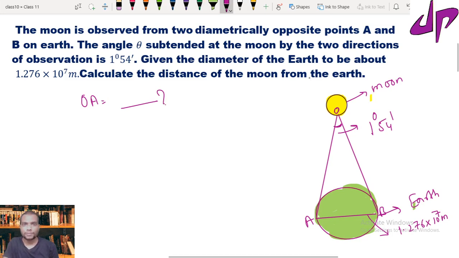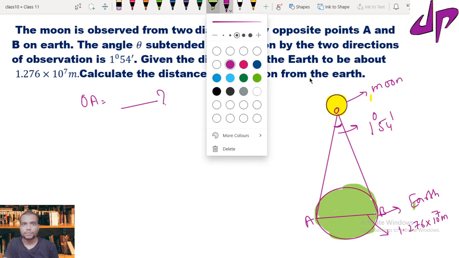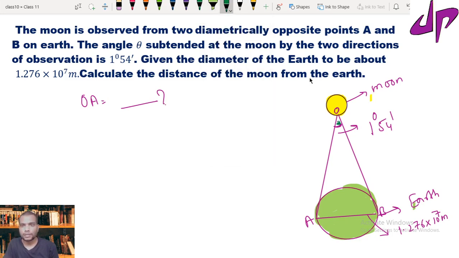Now the angle subtended here, so this is the angle, the parallax angle which is given. So from the given values we need to find that. It's very easy.